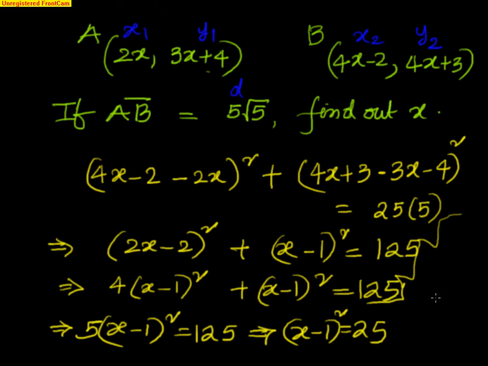Taking square root on both sides, x minus 1 is equal to plus or minus 5. Therefore, x equal to 1 plus 5, 6, or 1 minus 5, minus 4. So the value of x is equal to 6 or minus 4.